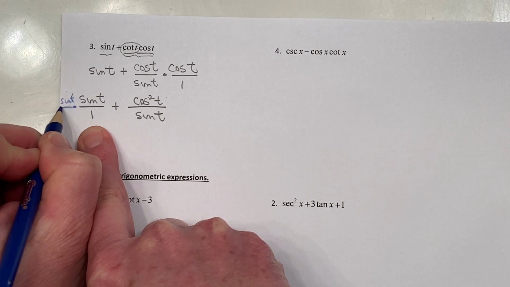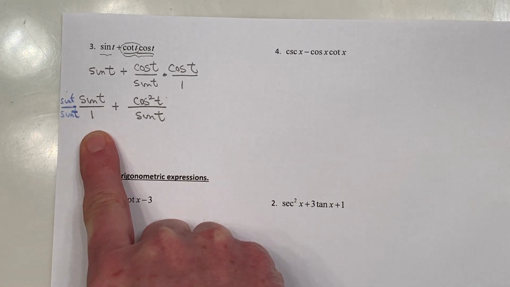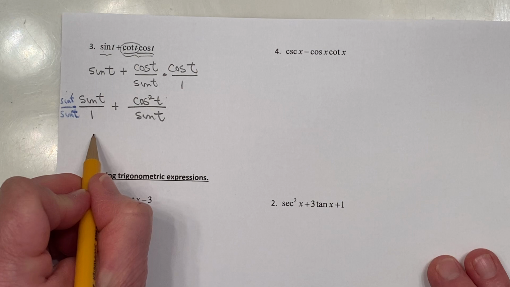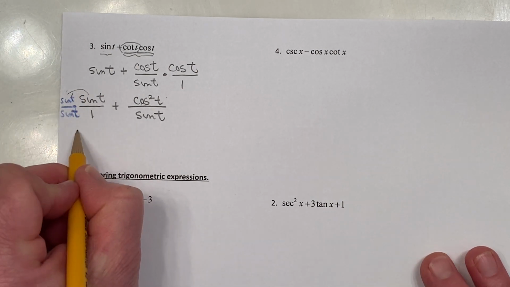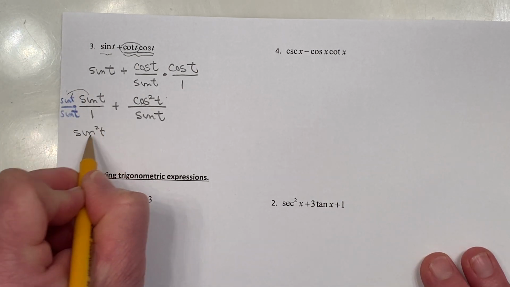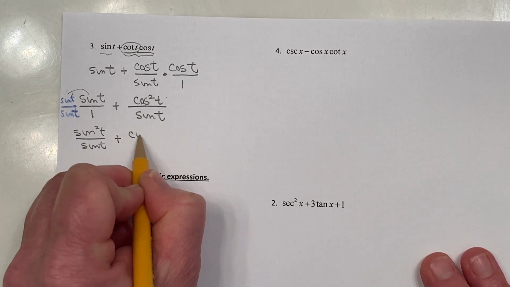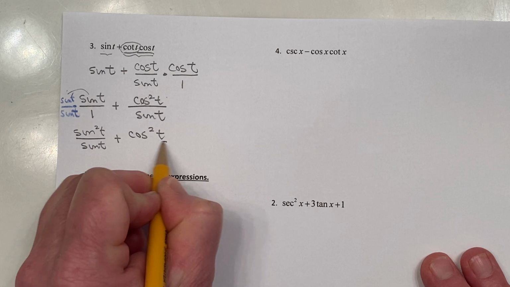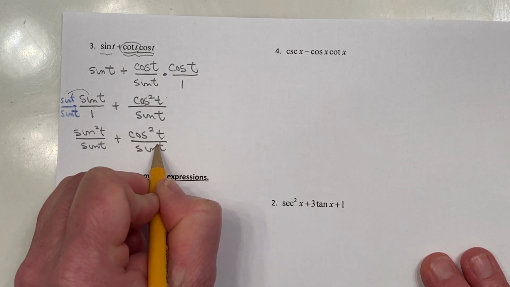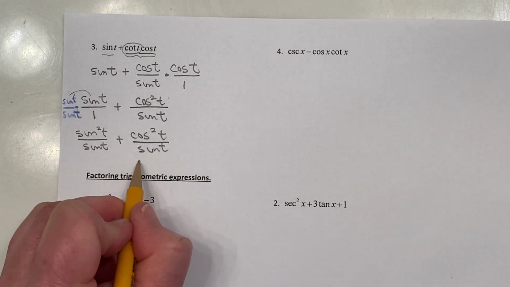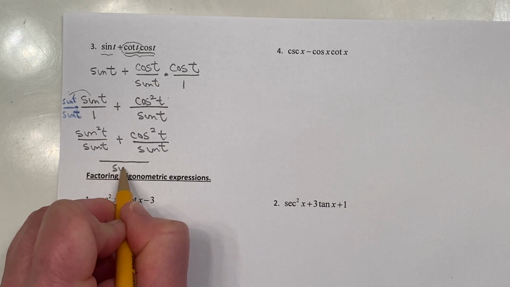So let's multiply by that form of 1, sine t over sine t. I'm going to end up with sine squared t over sine t plus this fraction. Let's put these two fractions together over one sine t.